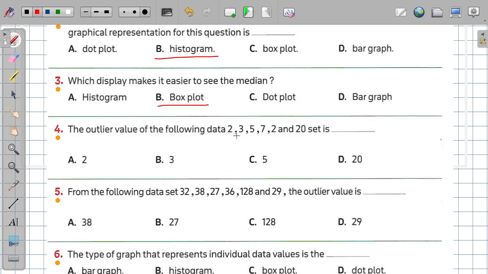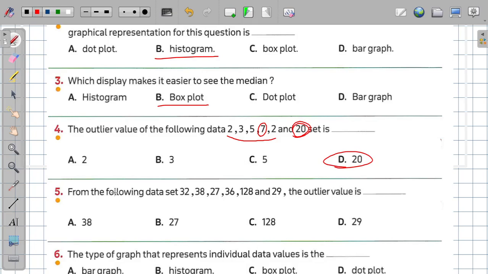We have 2, 3, 5, 7, 2, and 20. 20 is very far away from the biggest number here, 7. So the outlier should be 20 because it's far away from this cluster from 2 to 7.